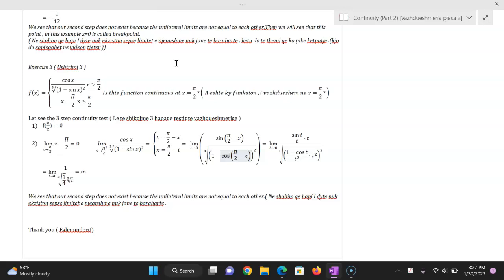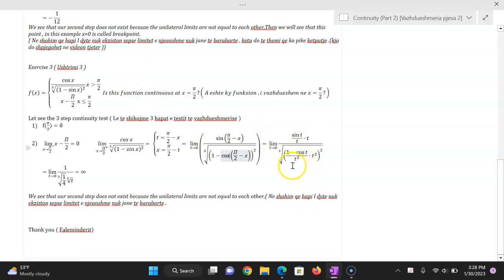We know that the sine of pi over 2 minus x, with this substitution, is equal to sine of t. But from the important limits, we know that the limit when t approaches 0 of sine of t over t is equal to 1, so we need to transform this into the form sine of t over t times t.